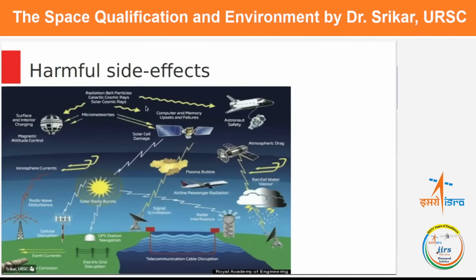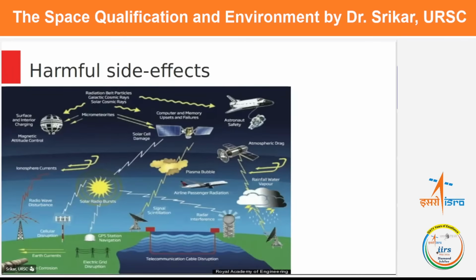And when they hit the external surfaces of the spacecraft, they can cause a lot of surface charging, and they can in fact degrade some of the systems, especially the solar panels. Nevertheless, it's not just that, there are a lot of other effects that I'm showing you in this plot.